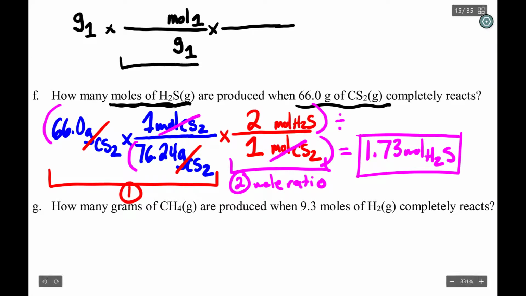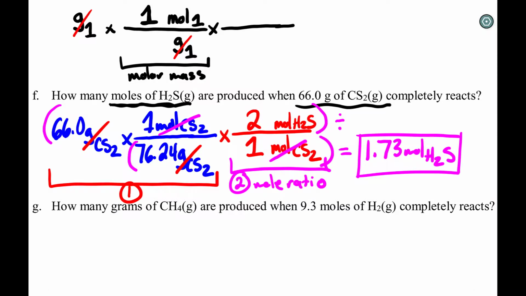This here is a molar mass, and the number of moles here is always 1 because molar masses are always grams per 1 mole, or in this case, for every 1 mole, you have a certain number of grams. This will cancel the grams of compound 1 with the grams of compound 1. You now have moles of 1.